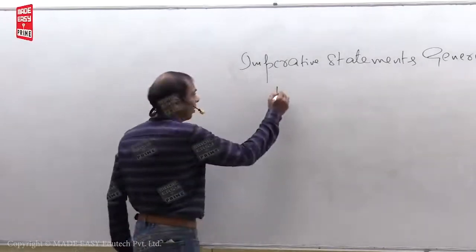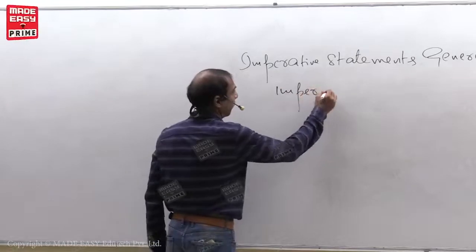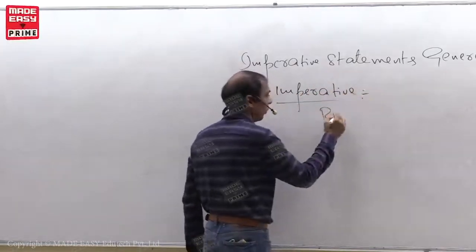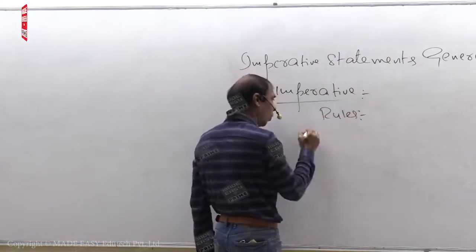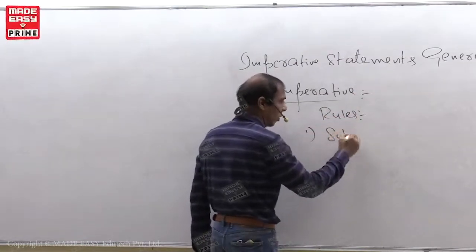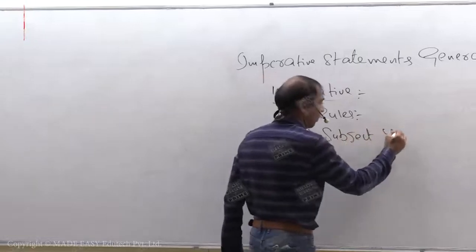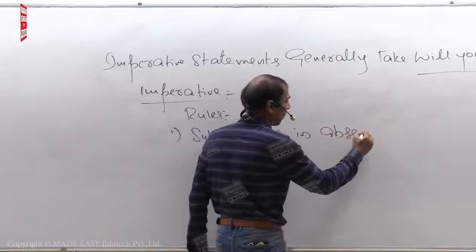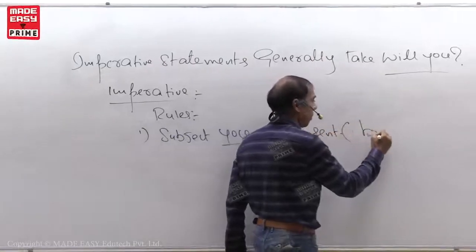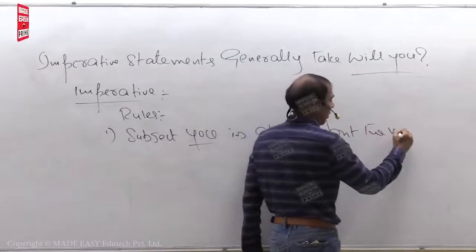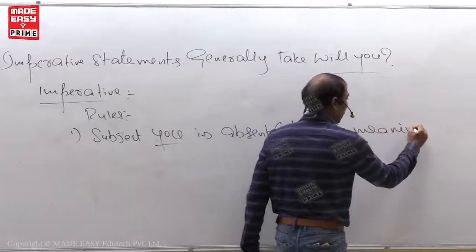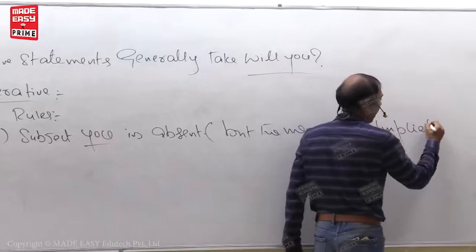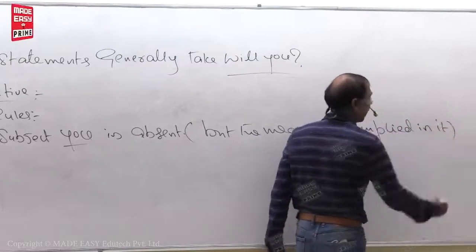See, what is imperative? Rules. One: subject you is absent, but the meaning is implied in it.